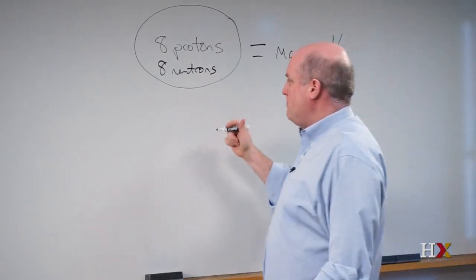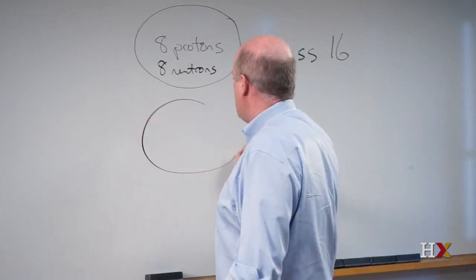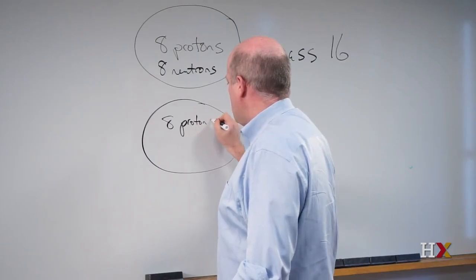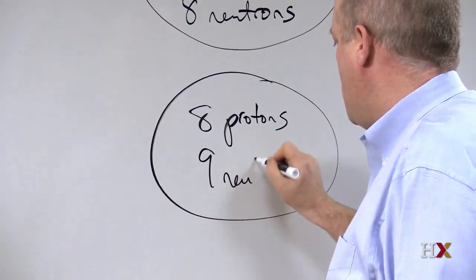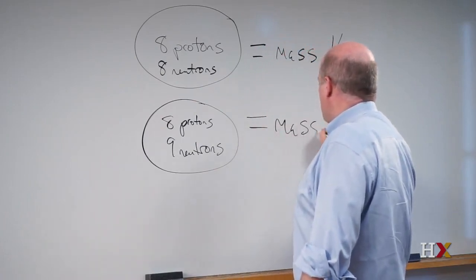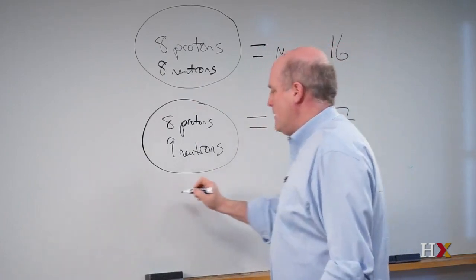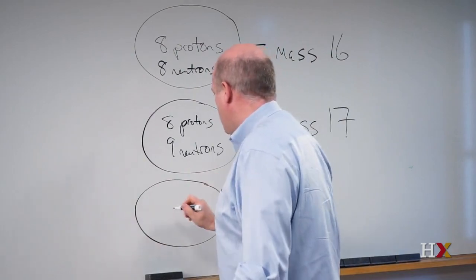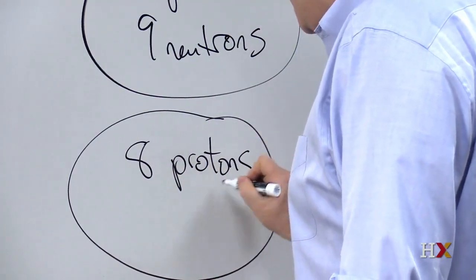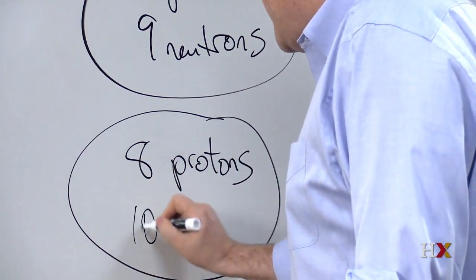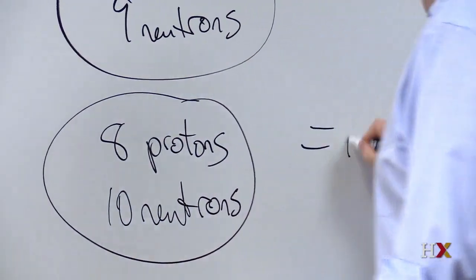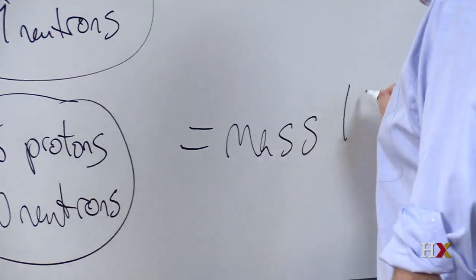But some oxygen has 8 protons and 9 neutrons, and that would be mass 17. And finally, other atoms of oxygen have 8 protons and 10 neutrons, and that would be mass 18.